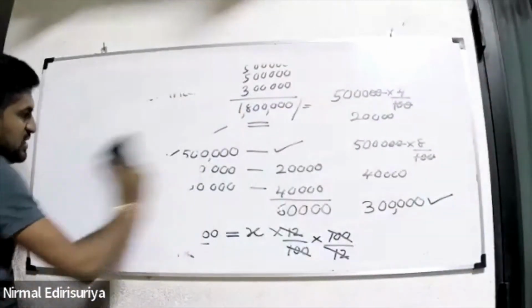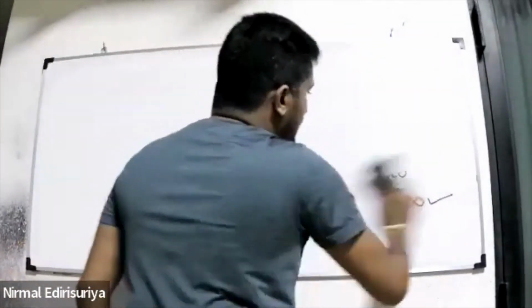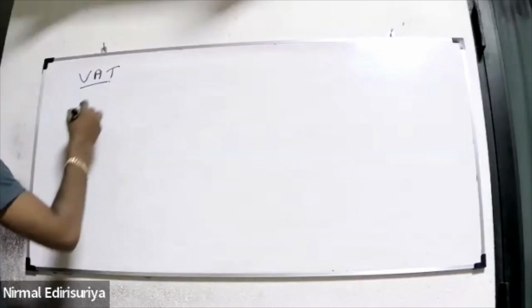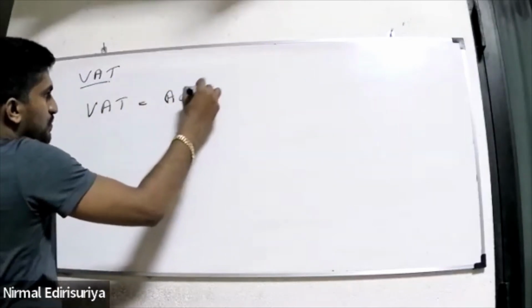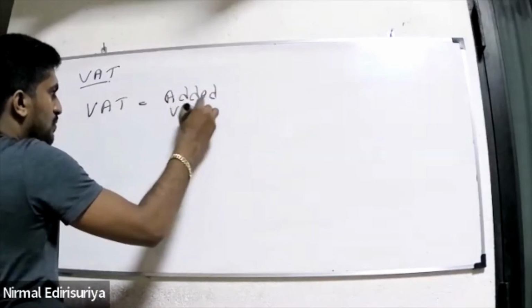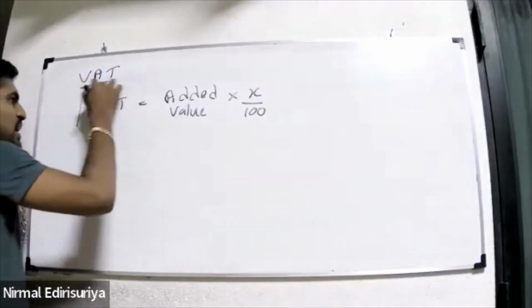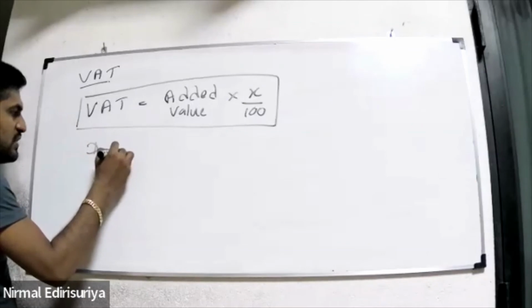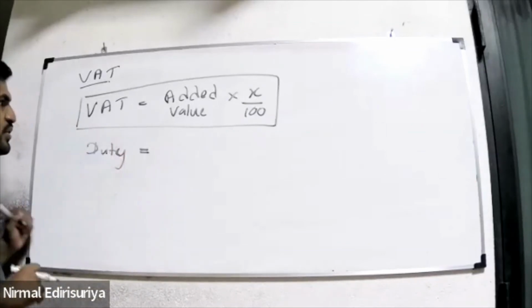Custom duty and VAT both are behaving the same, like the same equation. VAT means value added tax. VAT is considered for the added value into x over 100, and custom duty is the same. Where do we charge duty?